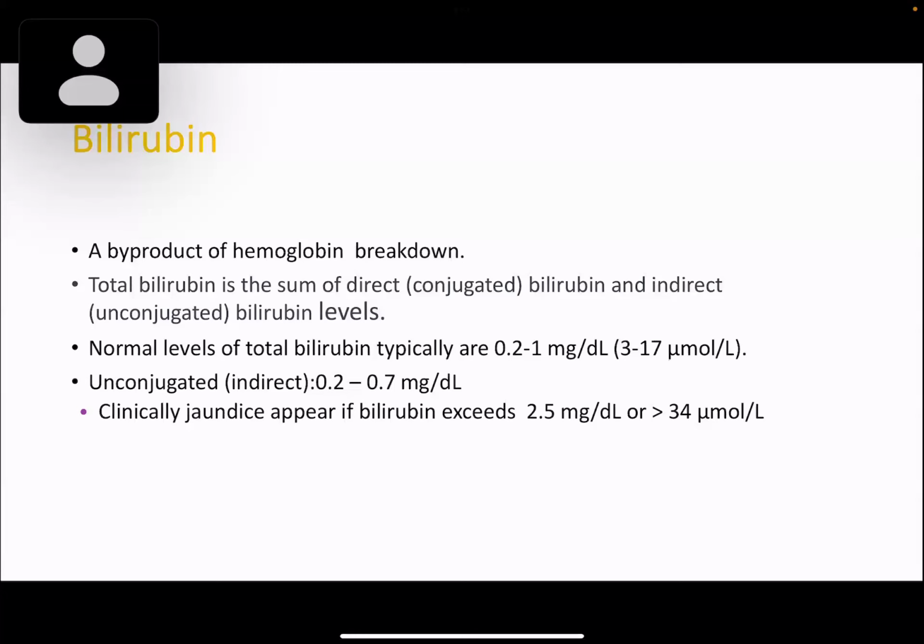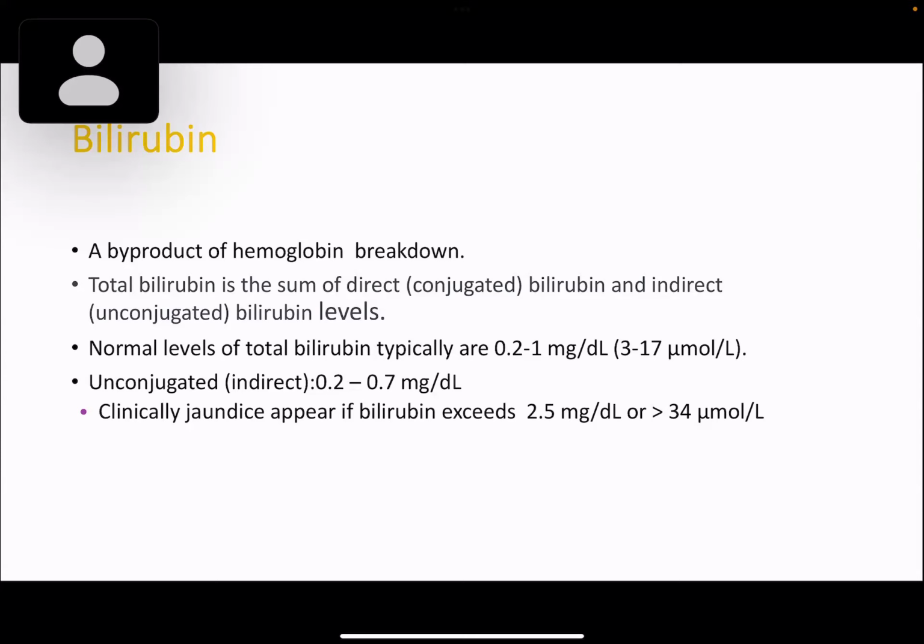So markers of liver synthetic function, including bilirubin. As you know, bilirubin is the byproduct of hemoglobin breakdown, especially the heme part of the hemoglobin. Total bilirubin includes conjugated and unconjugated bilirubin.